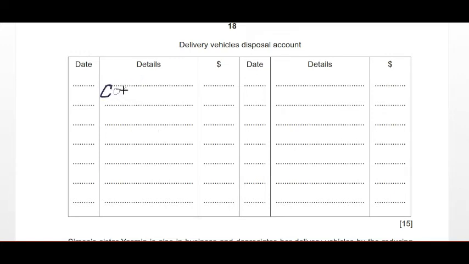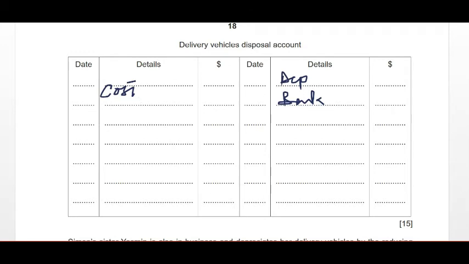So the cost of the asset goes on the debit side, and then the depreciation for that asset goes on the credit side. The amount that you are receiving in terms of the selling price also goes on the credit side.